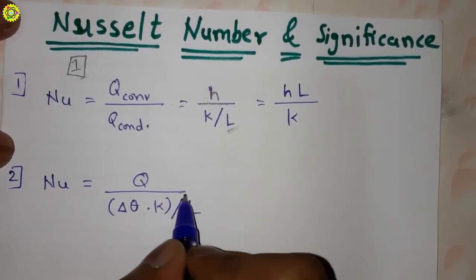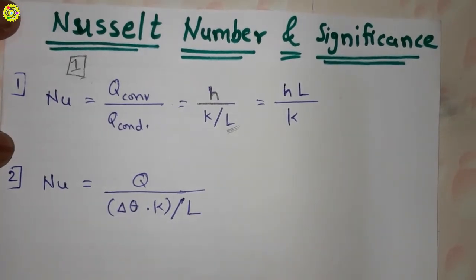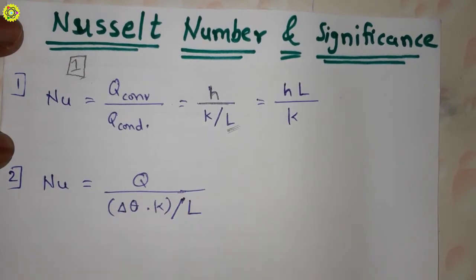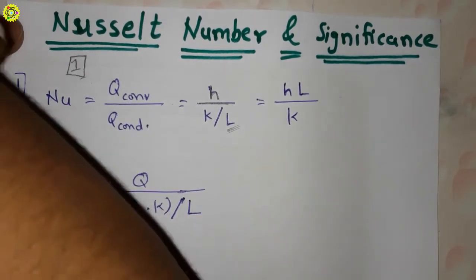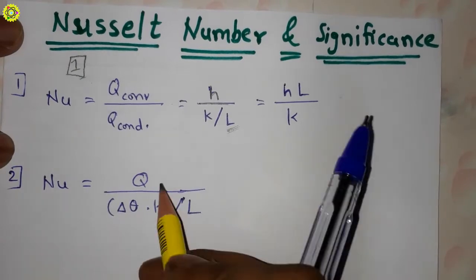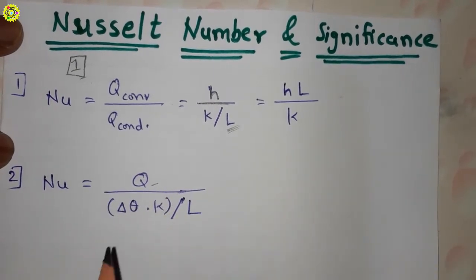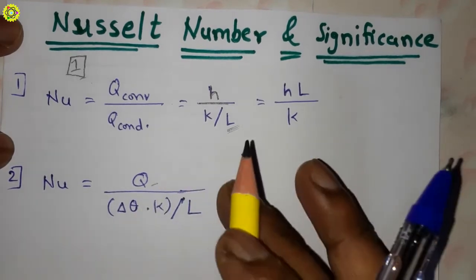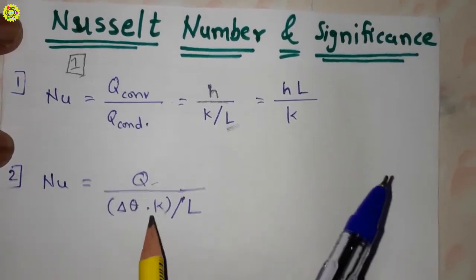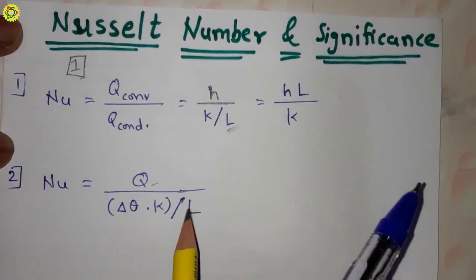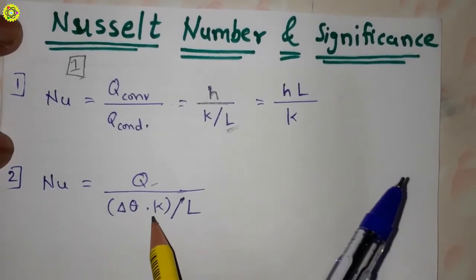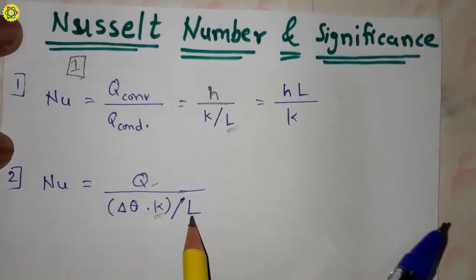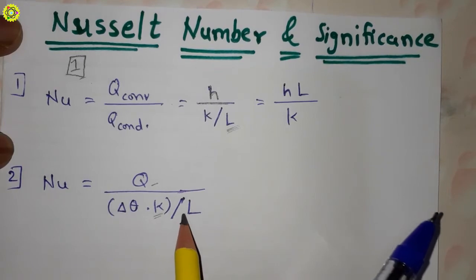The definition is: it is the ratio of heat transfer rate Q to the rate at which heat would be conducted within a fluid under a temperature gradient del theta upon L. So this is the heat conducted, and del theta upon L is the temperature gradient.